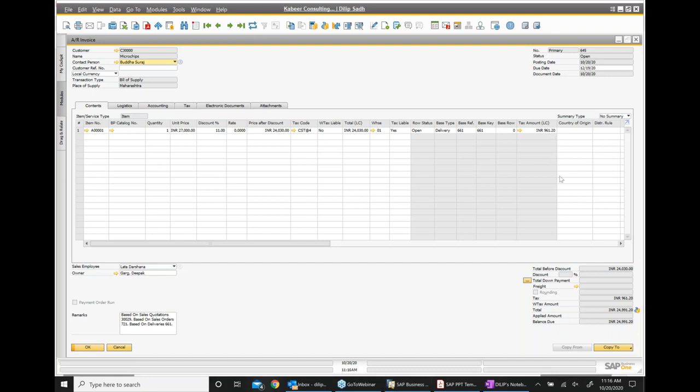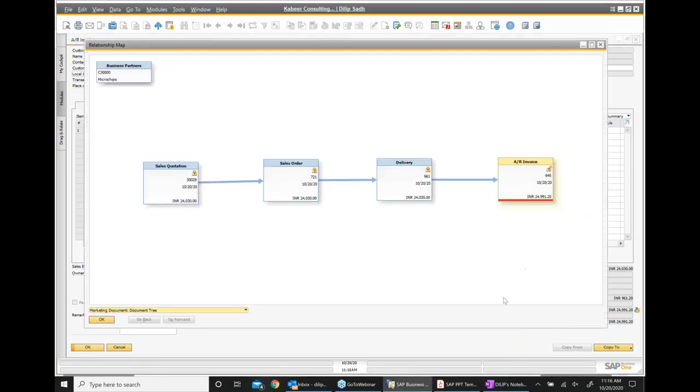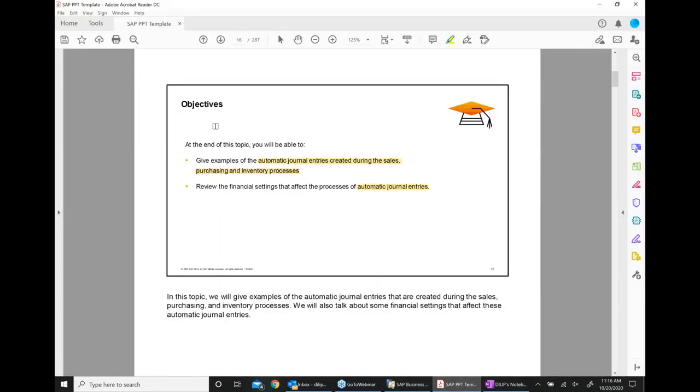You got it? Okay. Wonderful. This is done. Even for customers, see, this customer number is C3000. It's not necessary at all that the customer will have the same number. They will have their own number in most cases.